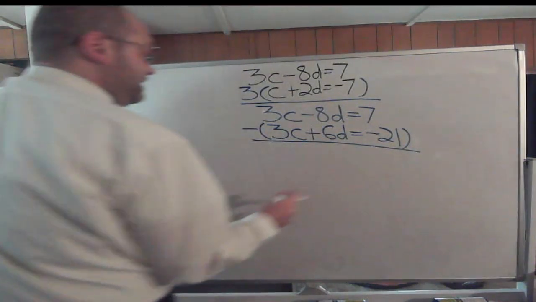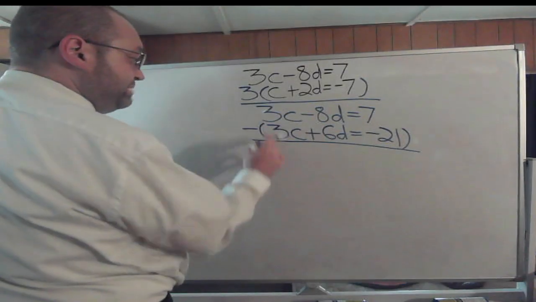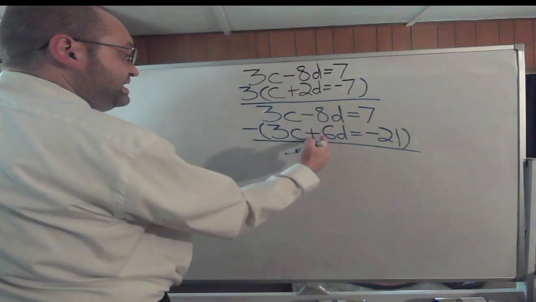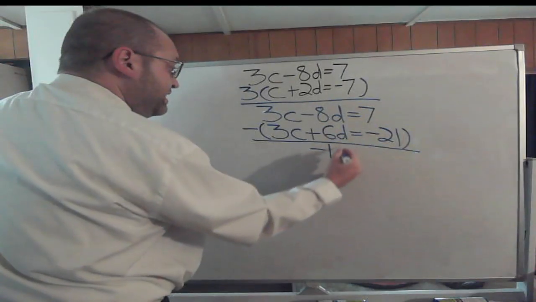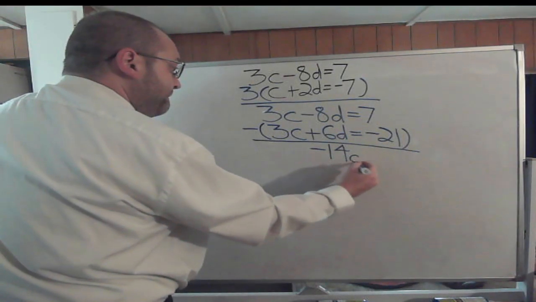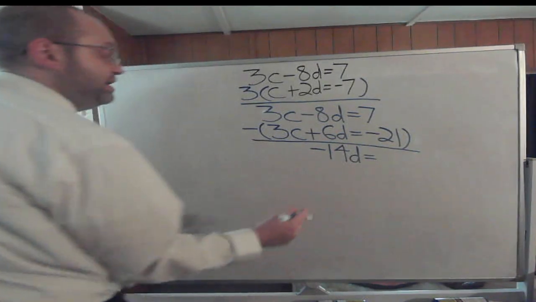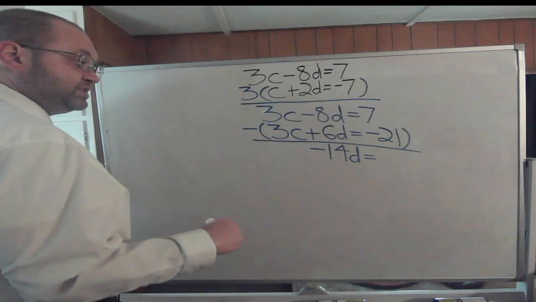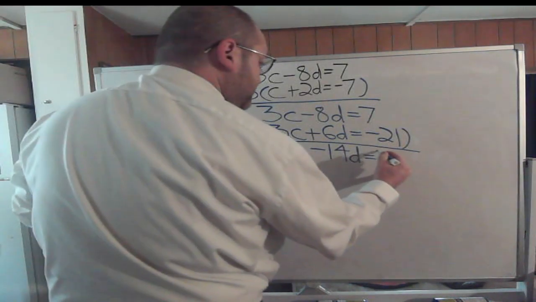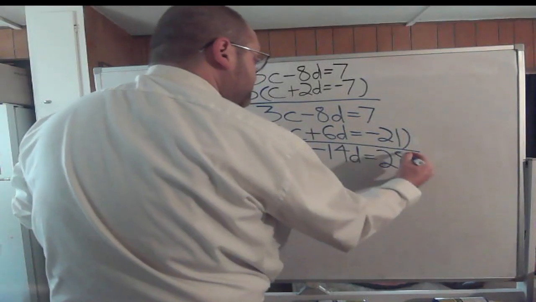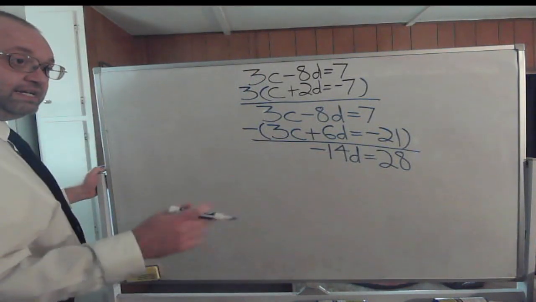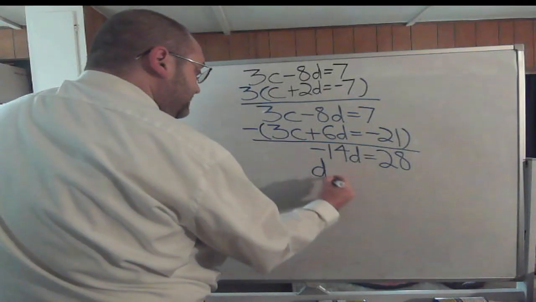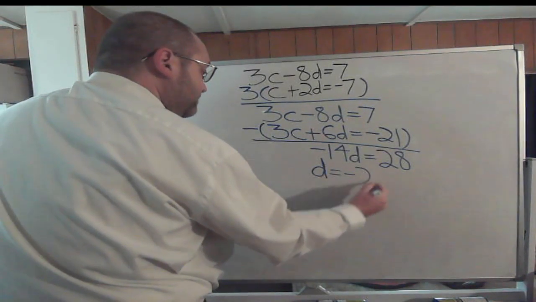So what you'll get here, 3c minus 3c, that's 0, but you get negative 8d minus 6d, that'll give you negative 14d. That'll be equal to 7 minus negative 21, which turns into 7 plus 21, which would give you 28. So you're left with negative 14d equals positive 28, which means d would equal negative 2.